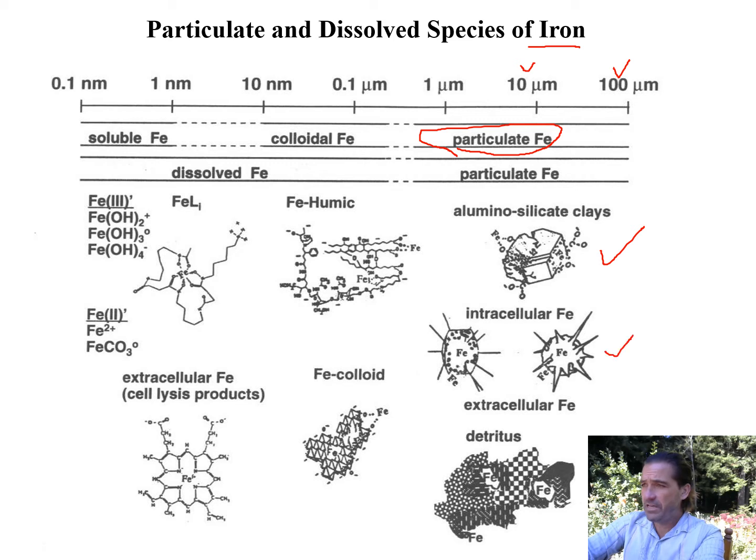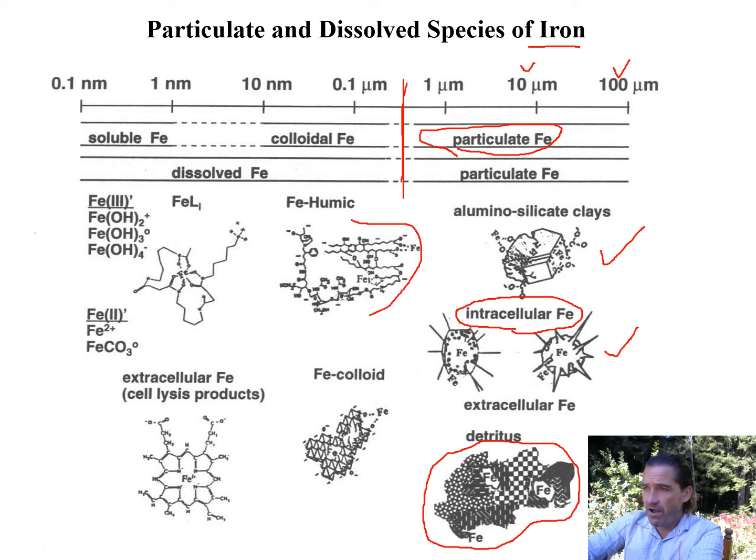We could see them associated with, say, diatoms, with different sorts of organisms that are on the size of 1 to 10 micron, or maybe even just a piece of organic matter, which is called detritus. But then once we get beyond the cutoff of 0.2 or 0.4, we then start to see iron associated with more like molecules, like humic acids, or just as a very small mineral colloid.